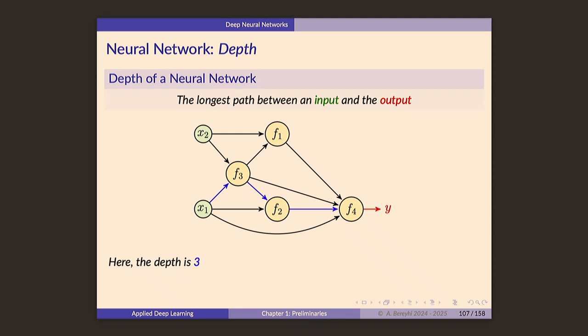Clear? Now, as your friend mentioned, you could get from x1 to f4. Actually, you can get from one input to one output in even one shot, right? But that is not the depth, because you need to take into account the longest time. So when you think of depth, it means you assume x1 and x2 are initiated at some time, and you need to wait an amount of time until all the information has passed through the neural network.